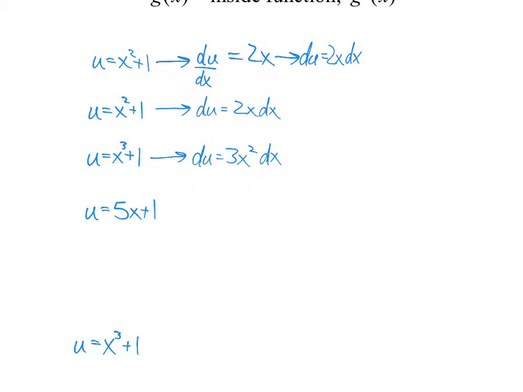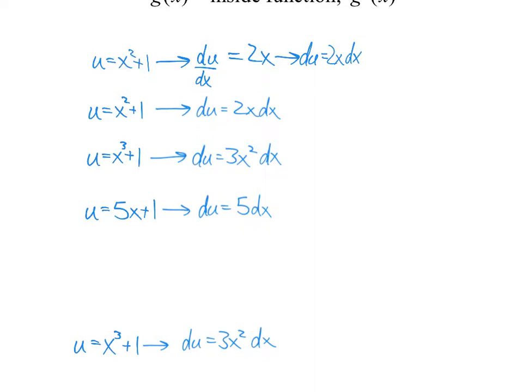You'll notice what's happening every time. It's the derivative times the dx, okay? So, next one, du is 5 dx. And this last one, 3x squared dx. Okay? You guys with me? Yes. Alright.